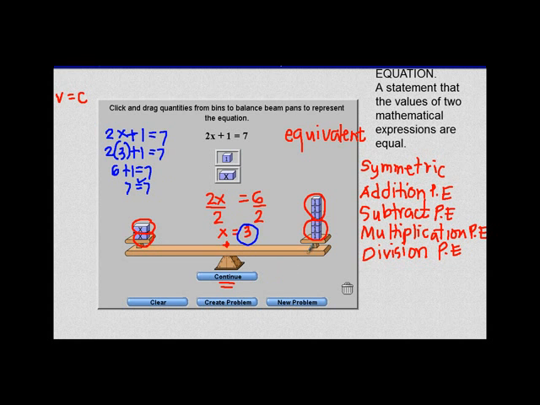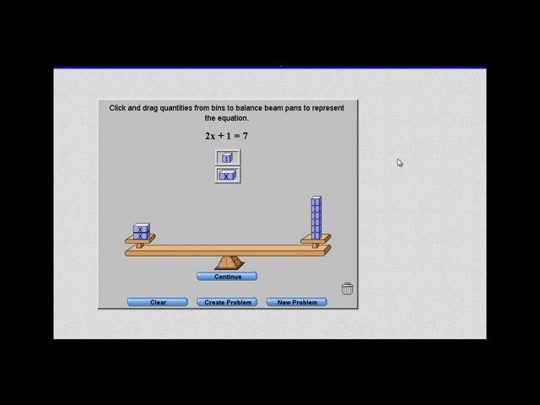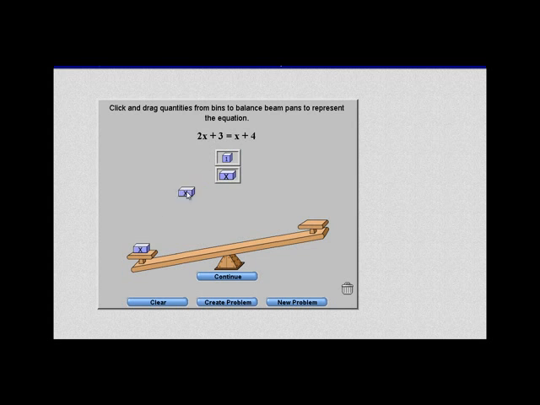Let's have another example. Let us suppose that we have this new problem: 2x plus 3 equals x plus 4. How do we visualize this equation? So you have 2x plus 3, 1, 2, and 3 units.